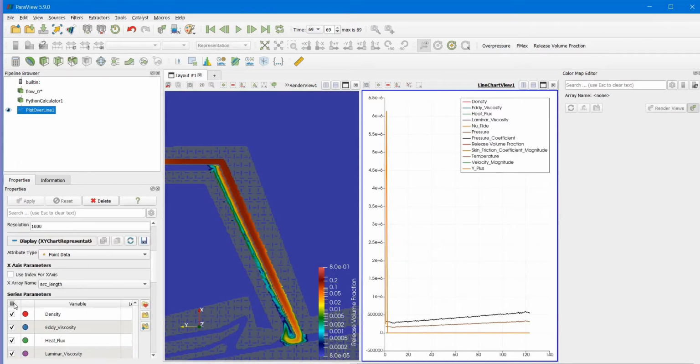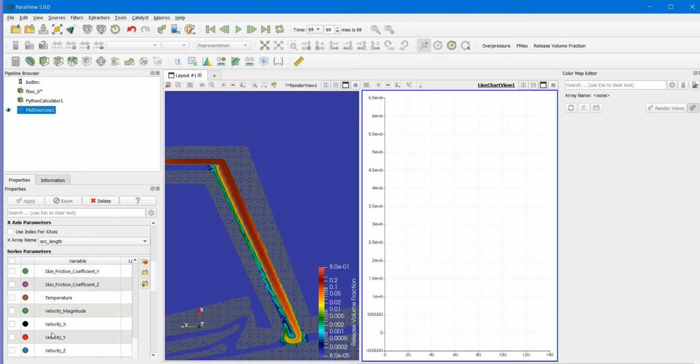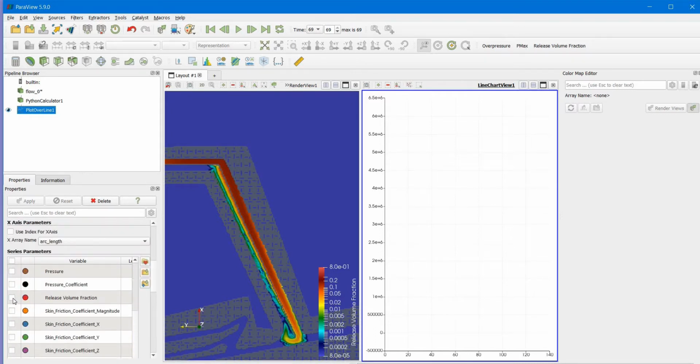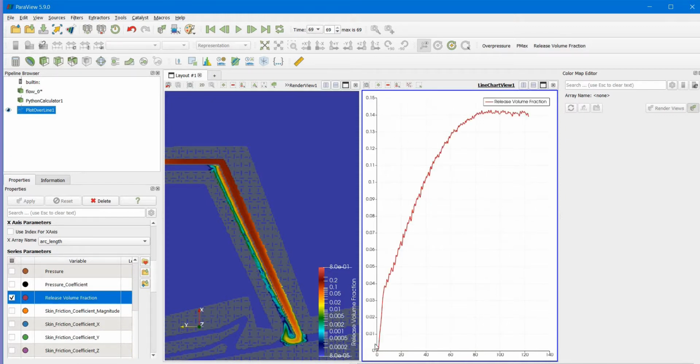There are some error messages that are not relevant to us, but we want to look at the release volume fraction. The flammability limits for methane are between 5% and 10%, and a significant portion of this line is seeing between 5% and 10%, particularly in this region here.